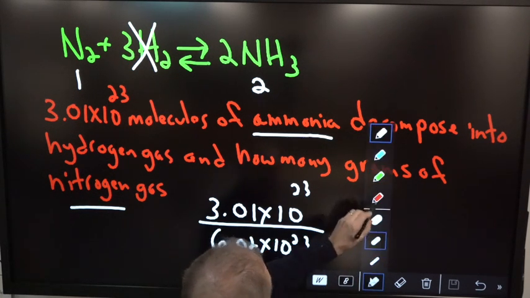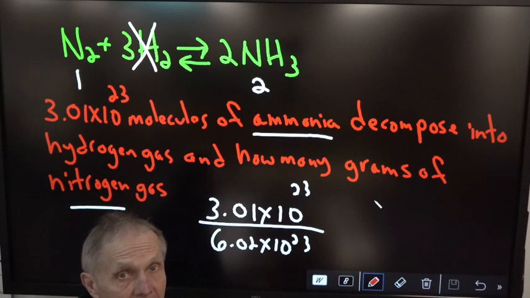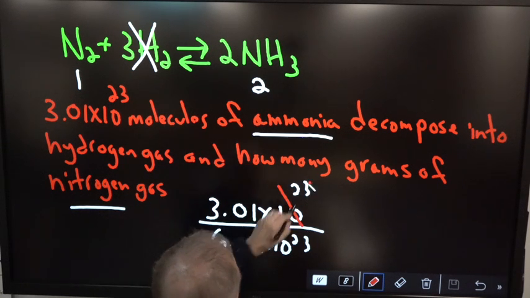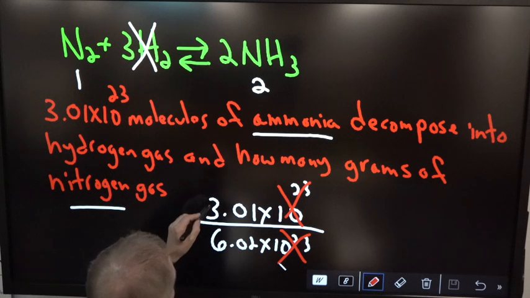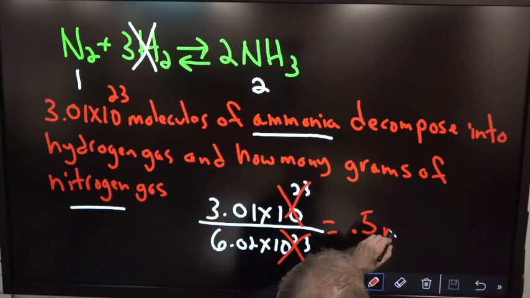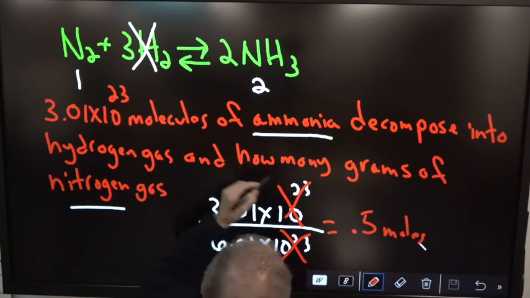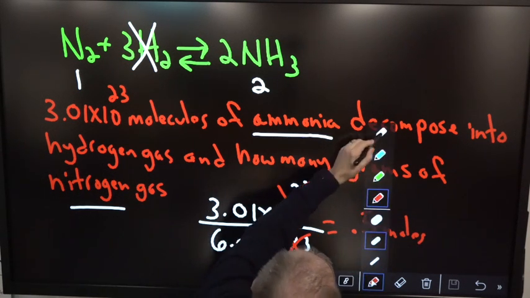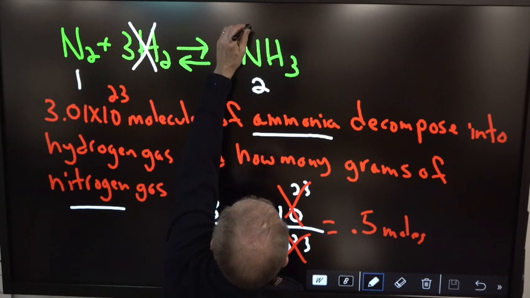And notice, if the powers are the same, you can cross them out. 10 to the 23rd, 10 to the 23rd, 3 divided by 6 is 0.5 moles. So I can put 0.5 moles above here.